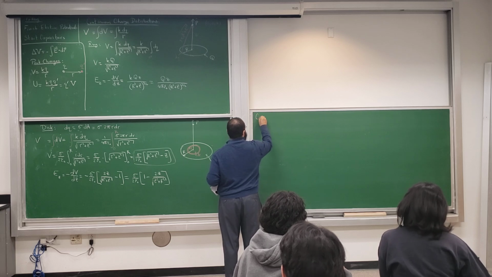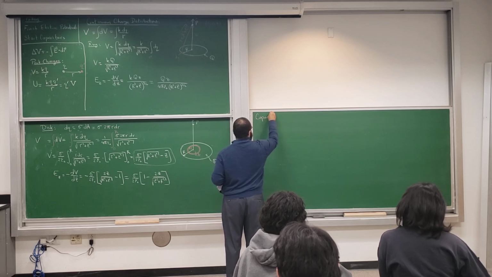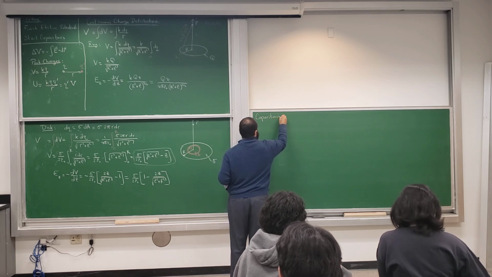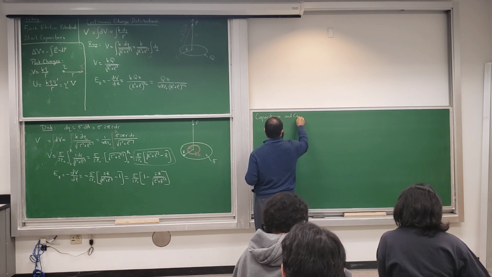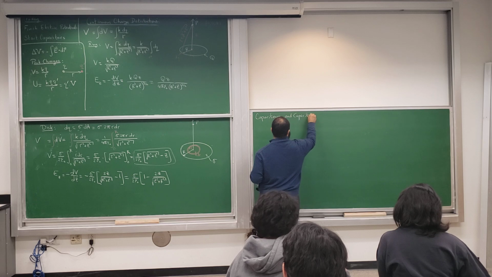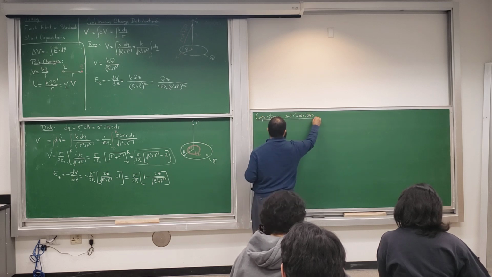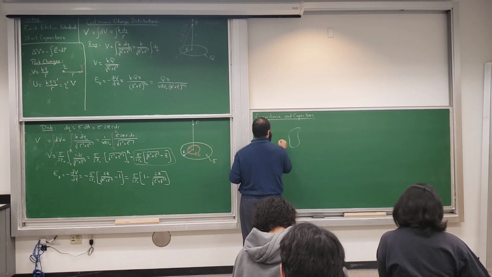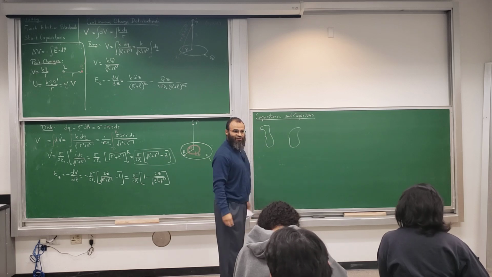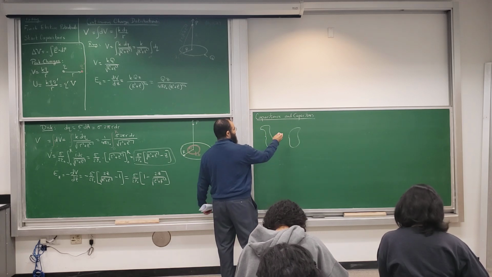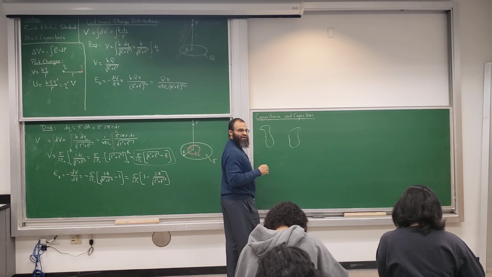So capacitance and capacitors. So let's say I have some conductor here, and maybe another conductor there. There are two conductors, right? So let's say I keep removing charge from one and place it on the other.